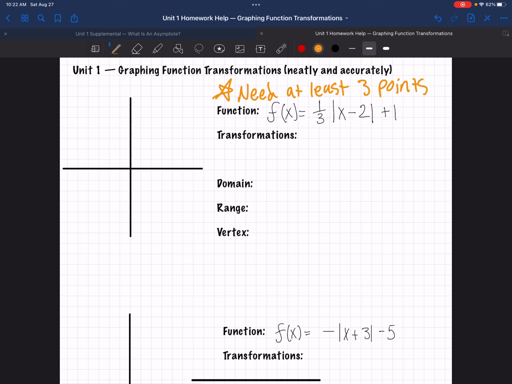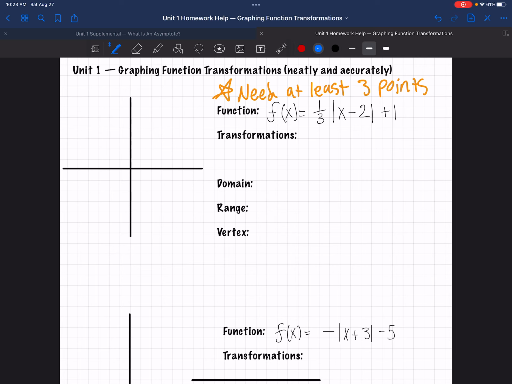Okay? Now, some of you have already submitted homework and you don't have those 3 points. I'm not going to take off for that now because I could have done a better job specifying this and really emphasizing it, even though I did say it. But your graph has to have at least 3 points before drawing the curve, okay?